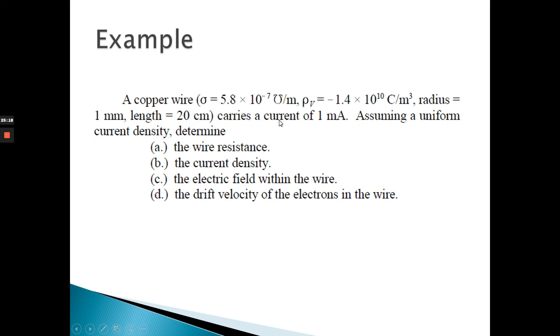It carries a current I which is given. Assuming uniform current density, determine the wire resistance, the current density, the electric field within the wire, and the drift velocity of the electrons in the wire.